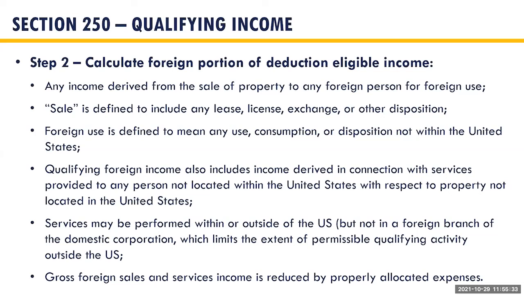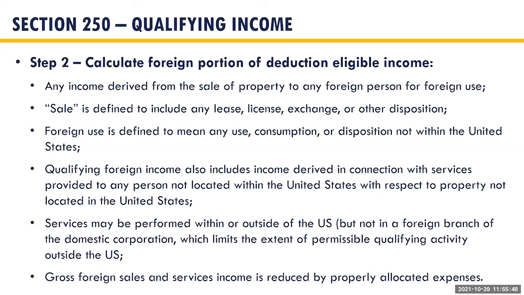Sale is used broadly to include leasing, licensing, exchanging, or some other sort of disposition. You can see that foreign use is defined to mean any use, consumption, or disposition not within the United States.